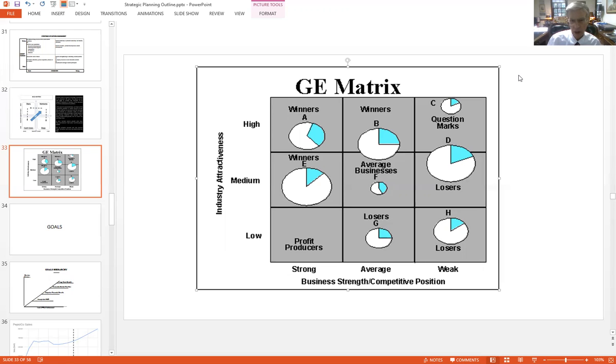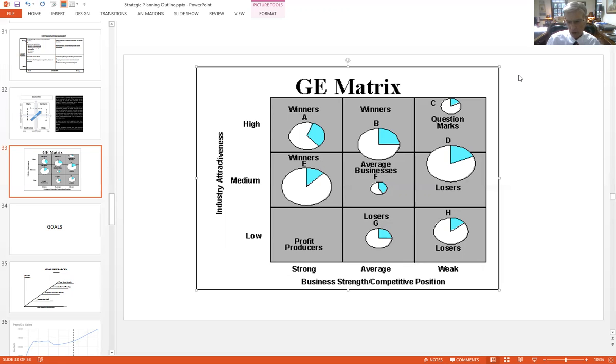Could be because it's growing rapidly right now. It could be because it's just a very profitable industry. Medical products, for instance, are a lot more profitable than a lot of food products. So, you've got to invest more in research and development, but if you're successful, you can get a higher profit margin. So there are a lot of different ways to look at industry attractiveness.